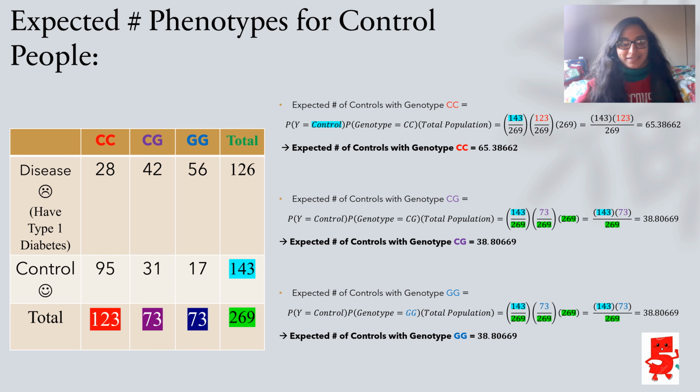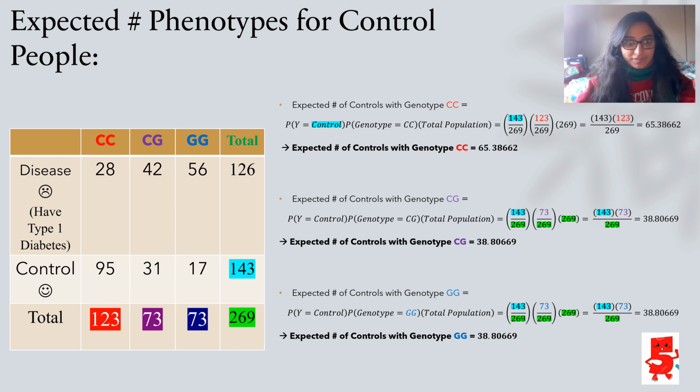Similarly, we can find the expected number of phenotypes for control people as well. What are the expected numbers for each of these genotypes for the controls? We're going to focus on these control individuals and see what we really expect, what breakdown we are expecting.